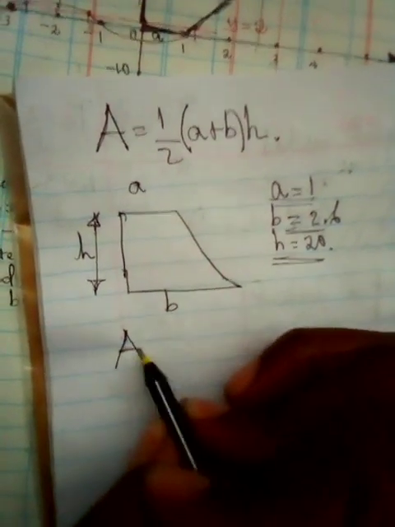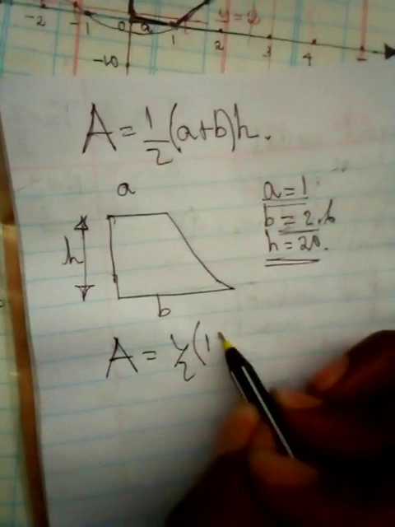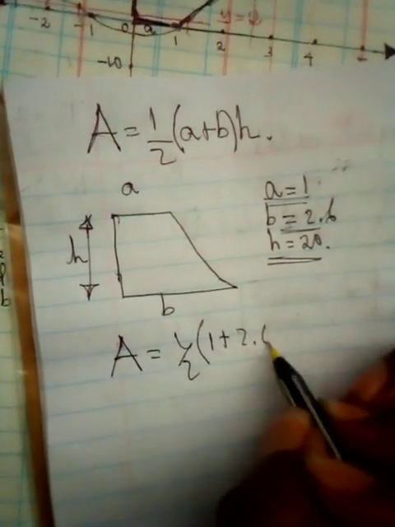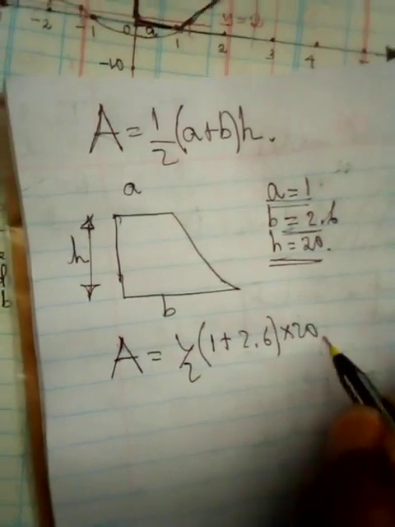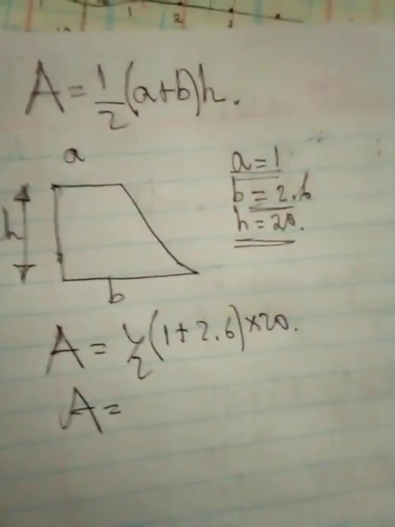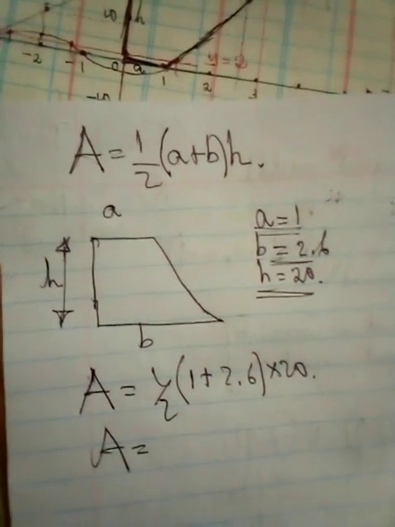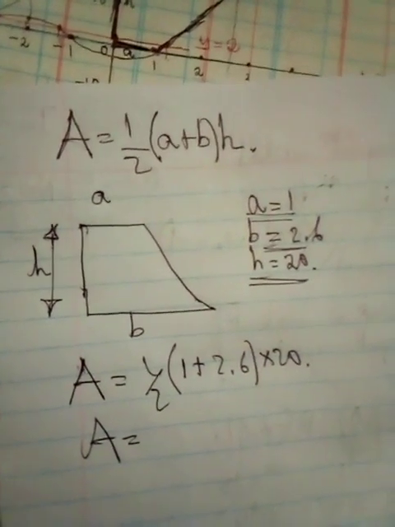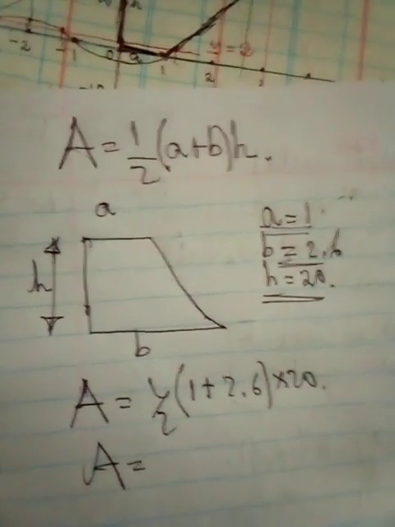So what are we therefore going to do? This is going to be a half. Your a is 1, your b is 2.6, your height is 20. Half, or 0.5, times 1 plus 2.6, that's just 3.6, times 20.